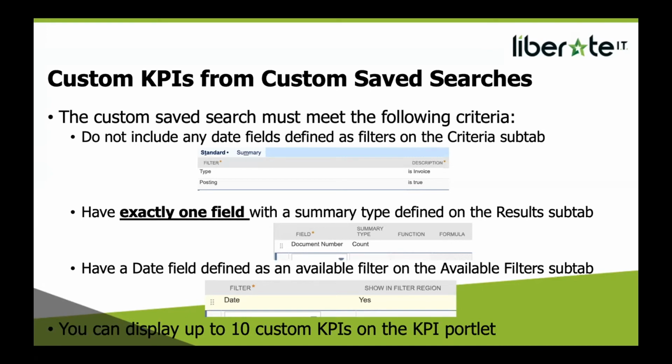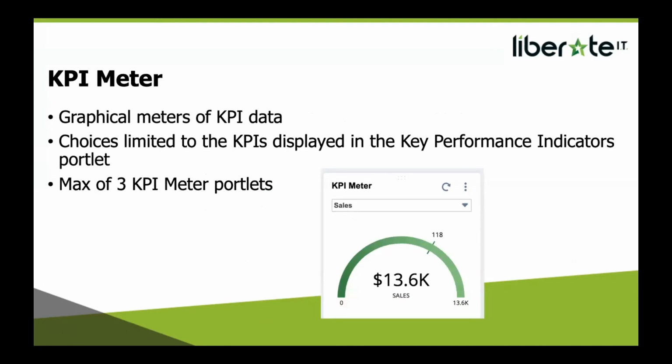Okay. Next would be a KPI meter. A KPI meter portlet is just a visual representation of your KPI, right? One thing to note, when adding the KPI meter, by default it pulls up the first KPI line on your KPI portlet, right? And then, of course, you can have up to a maximum of 3 KPI meter portlets on your dashboard.